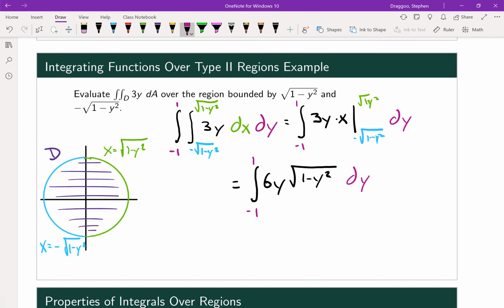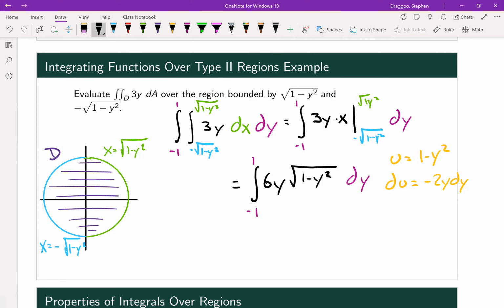And it'll probably help to make a u substitution here. Let's see, what color have we not used? We haven't used orange yet. Or maybe that's yellow. Yeah, either way. We'll make the u substitution that u is going to be 1 minus y squared. So du is negative 2y dy.